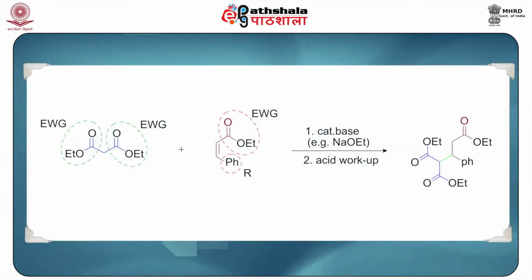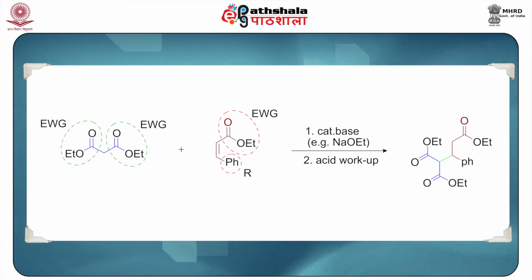For example, as you can see in this equation, the two electron withdrawing ester groups in diethyl malonate help the methylene group to act as the Michael donor. On the other hand, the second molecule shown here acts as the Michael acceptor, where you can see the phenyl and ester groups attached to the double bond, and they help the addition of the Michael donor to the Michael acceptor.